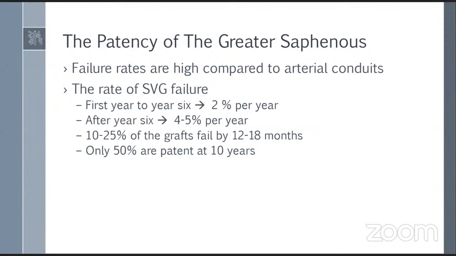The rate of saphenous vein graft failure from the first year to the sixth year is 2% per year. After the sixth year, it's 4 to 5% per year. In general, 10 to 25% of the grafts fail by 12 to 18 months, and only 15% of the grafts are patent by 10 years. But that does not mean they do not have evidence of atherosclerosis and narrowing, but it's not significant.